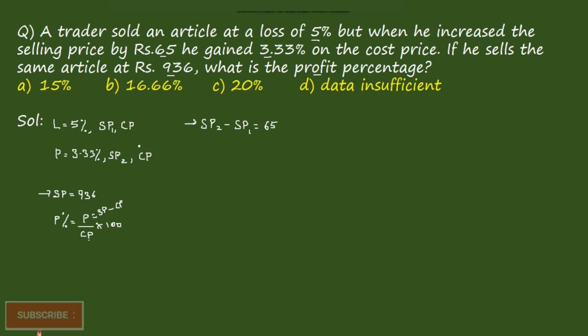If you consider the cost price as X, which is 100%, you get the loss and profit. We can find the selling price by using a formula, right?